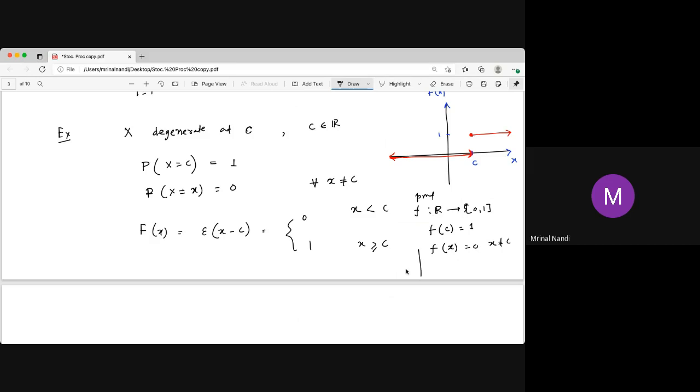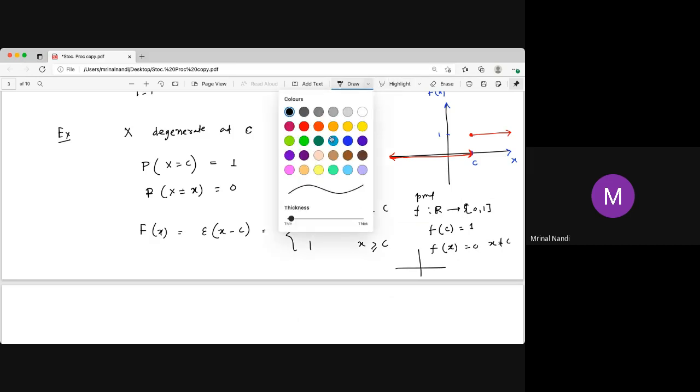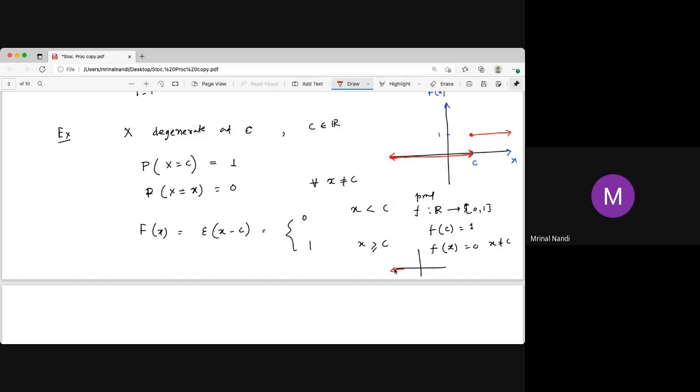So what is the diagram of this mass function? Again, it is easy. At C it is just 1. This mark is 1, this is C, and the rest of the values are 0. At X equal to C, it is 1. So this is the mass function.